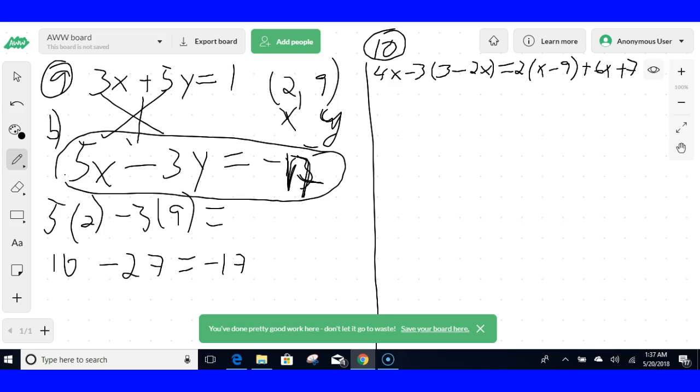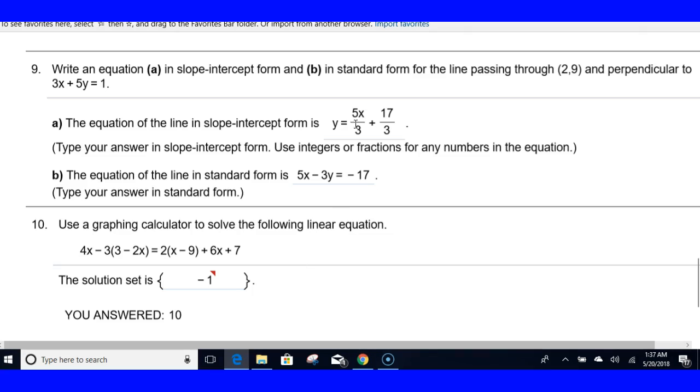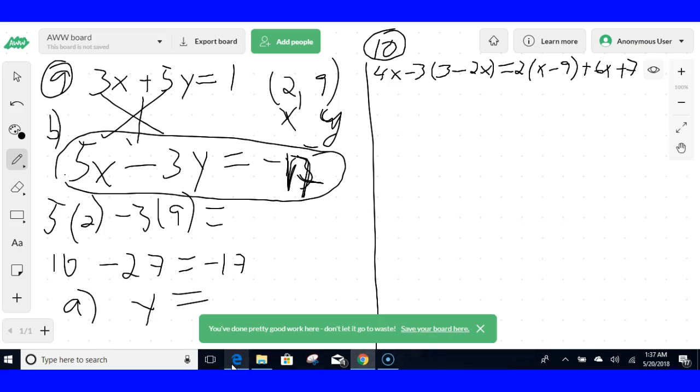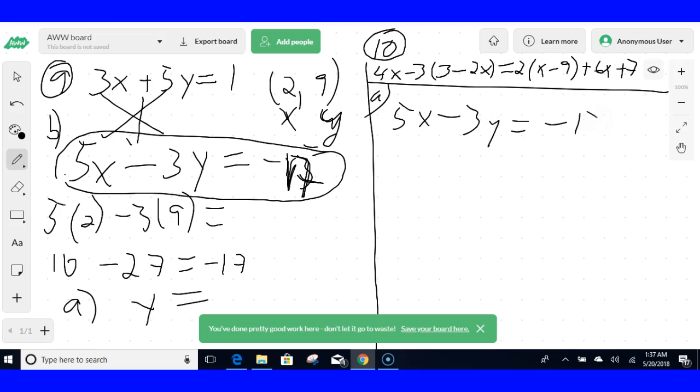Now all you have to do to get to letter A is solve for y. If you solve for y, you're going to end up with 5x over 3 plus 17 over 3. So we solve this here: 5x minus 3y equal to negative 17.